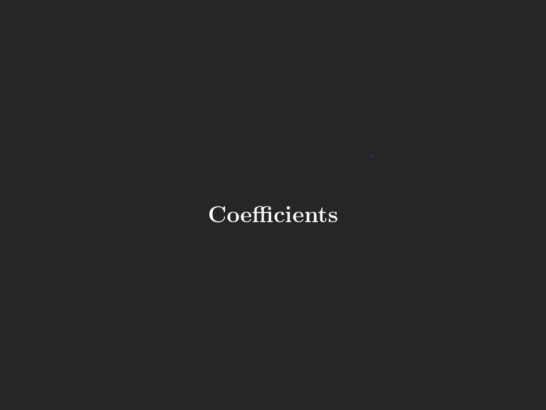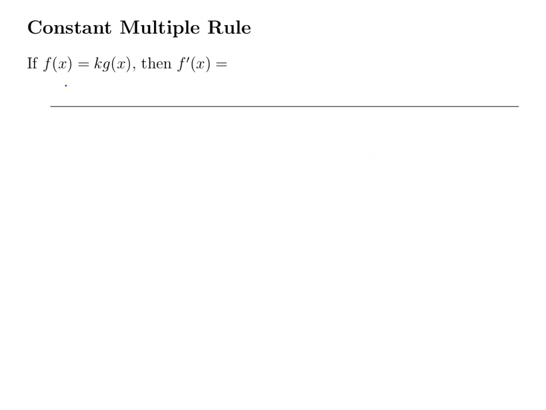All right, now let's see if we can figure out how to deal with coefficients. This is the constant multiple rule. Let's say we've got some number multiplied by another function. Basically, this is going to work out the exact way that you'd like it to work out. We're going to just take that coefficient and multiply it by the derivative of that function. What I mean is this.